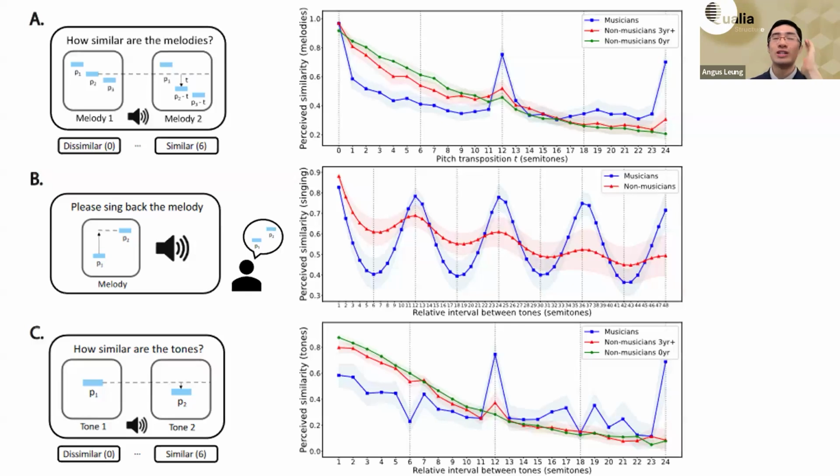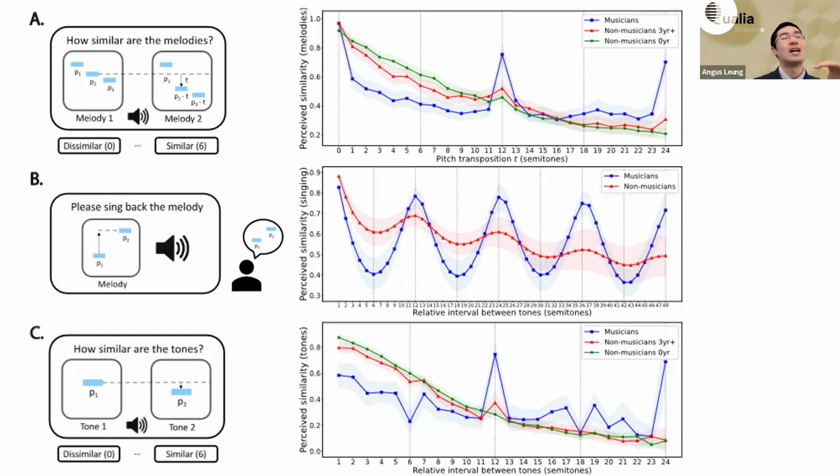But I also had another point, which is I wonder what the results here would look like if you were able to distinguish between participants who have, I think it's called, relative pitch, or who have bad relative pitch.